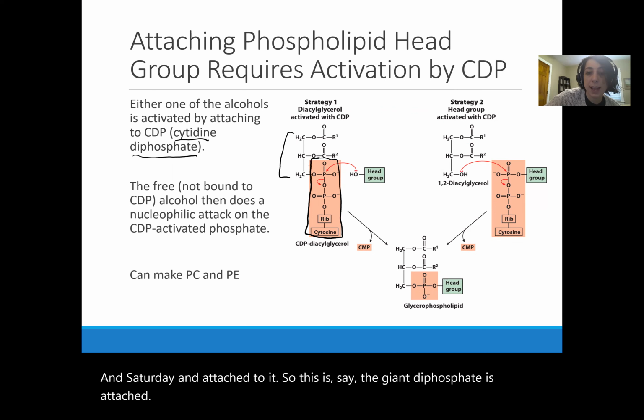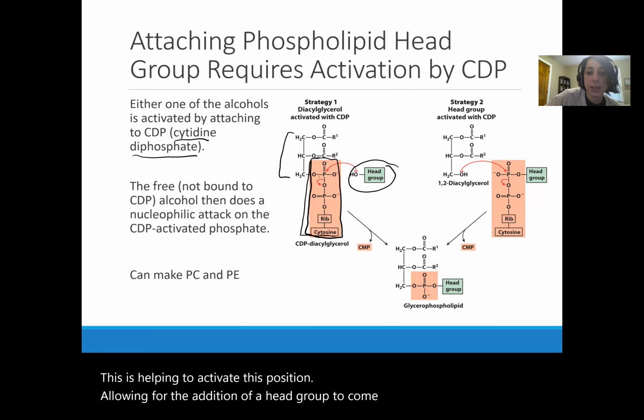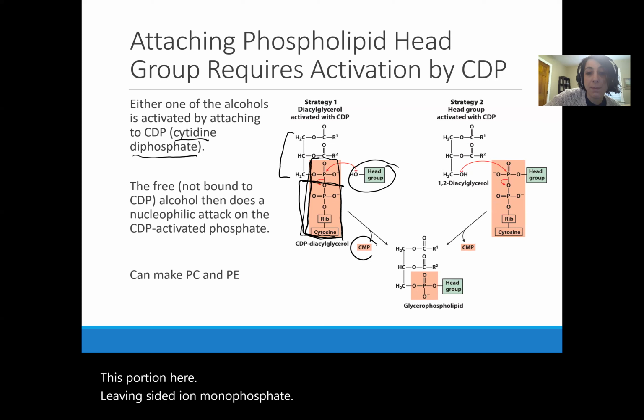This is helping to activate this position, allowing for the addition of a head group to come in, ultimately breaking off this portion here, leaving cytidine monophosphate, CMP, and resulting in our now phospholipid with a phosphate and a head group attached.